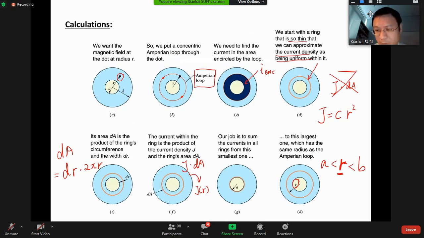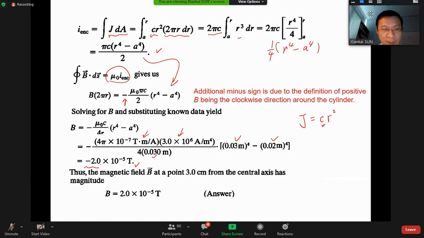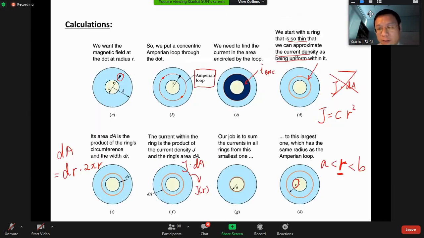Then we find that this B is pointing counterclockwise along that Ampere loop, because we define the direction of the Ampere loop as clockwise.